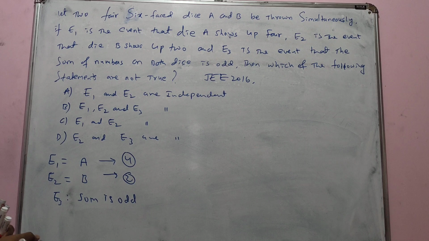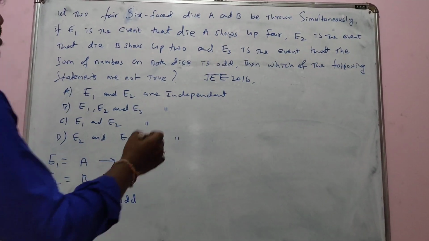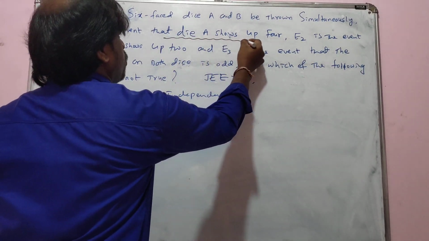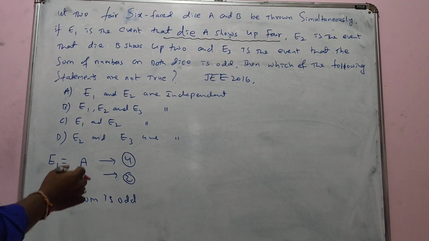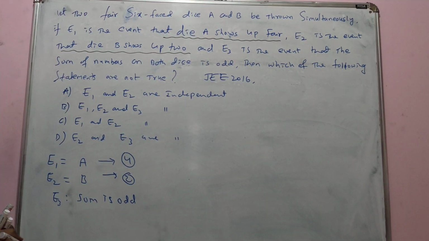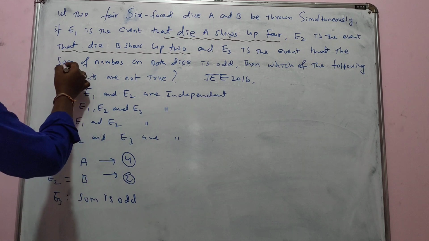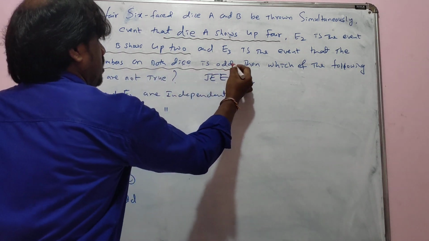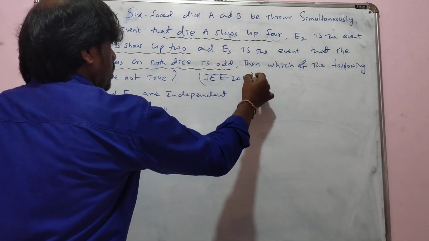If E1 is the event that die A shows up 4, E2 is the event that die B shows up 2, and E3 is the event that the sum of the numbers on both dice is odd. Then which of the following statements are not true? This is the question asked in JEE 2016, dear students.